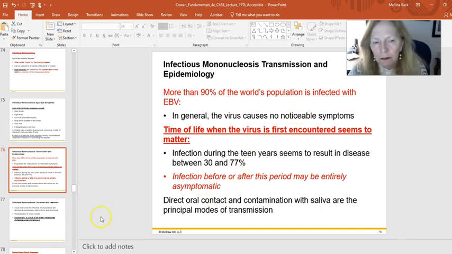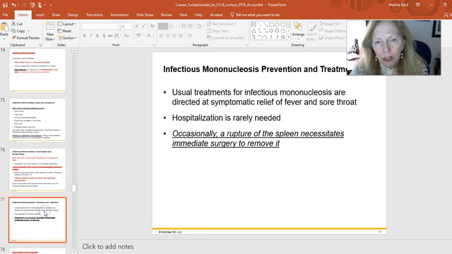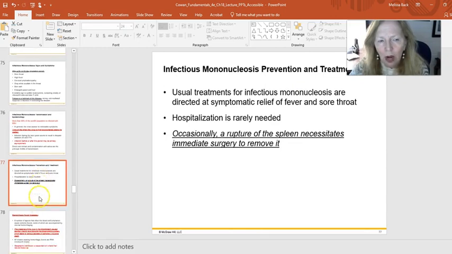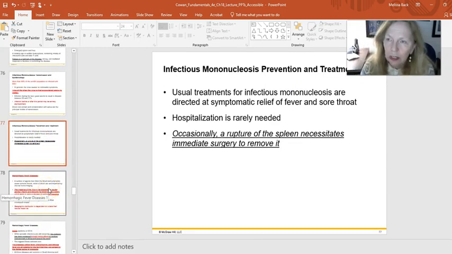So it's important to note too that with this Epstein-Barr virus, in people who had serious disease with this, we're seeing that there may be some correlation to them later on in life. A slight correlation.